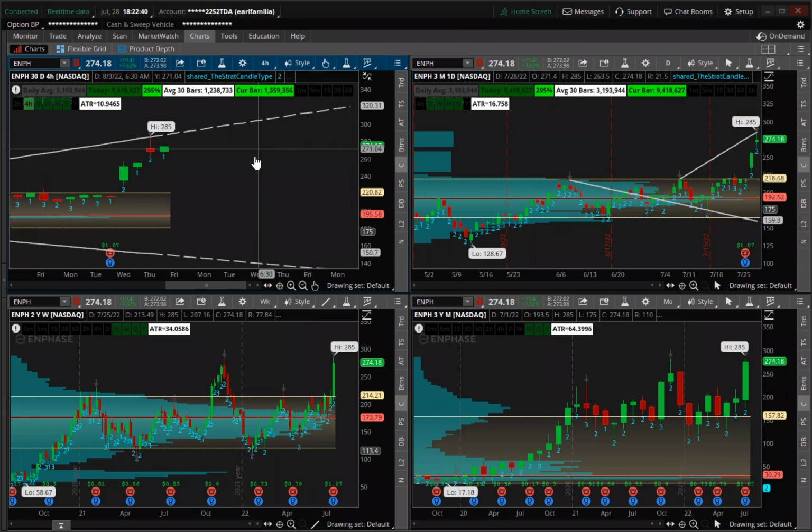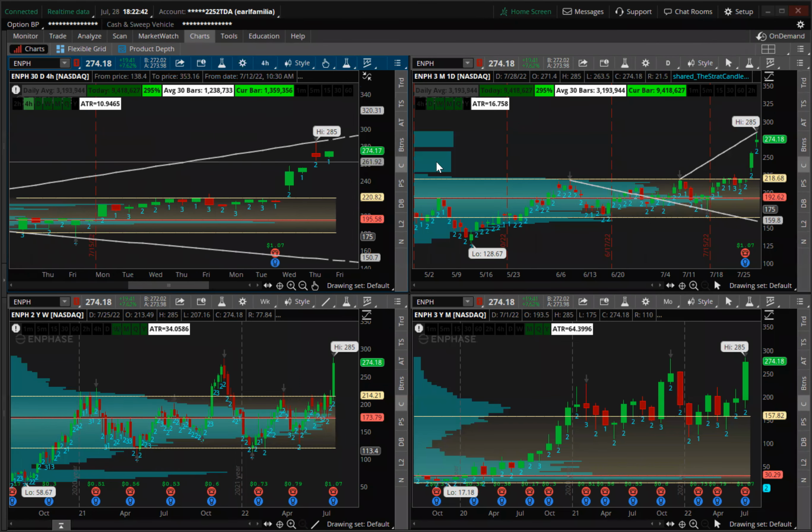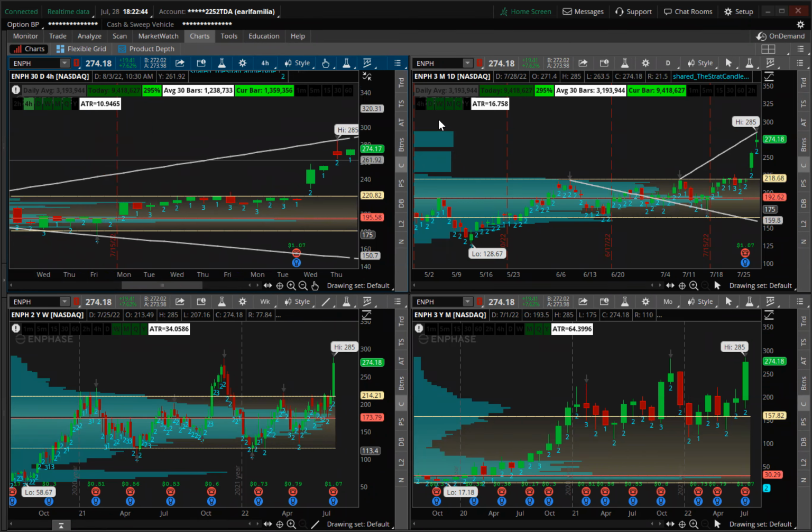If you get a pullback or sideways movement for any length of time, you're just going to bleed out essentially. And that goes for a lot of tickers, like Tesla, those that don't have really good delta theta ratios. They're just going to bleed you out if they go sideways during the day, or if you get one pullback or one reversal signal down, it's going to affect you in a significant way. So just be mindful of that.